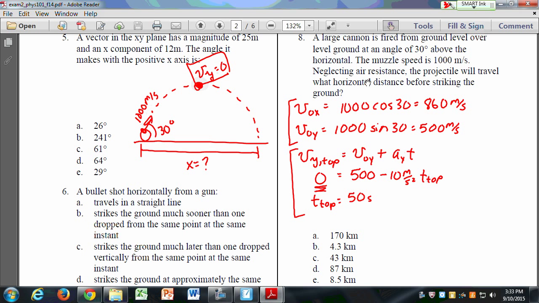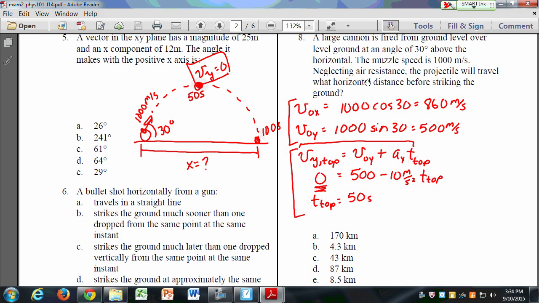So I can put it in there. And then I can solve this equation to find this T top. Right, so I know that up here, 50 seconds have elapsed at this point. And I also know that because this is symmetrical motion, that over here, 100 seconds has elapsed.